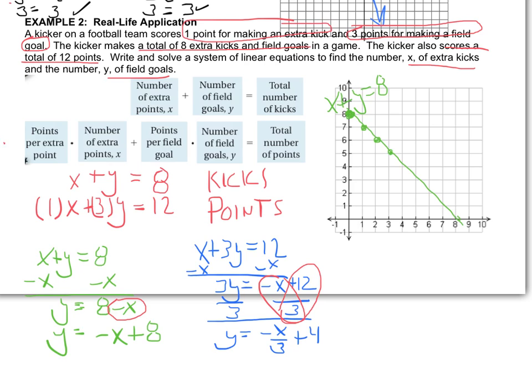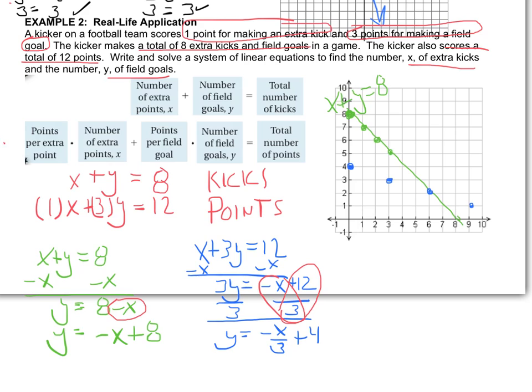My second graph starts at plus 4. Remember that negative x over 3 means negative 1x over 3, so my slope is actually come down 1 and forward 3. Down 1, forward 3. Down 1, forward 3.